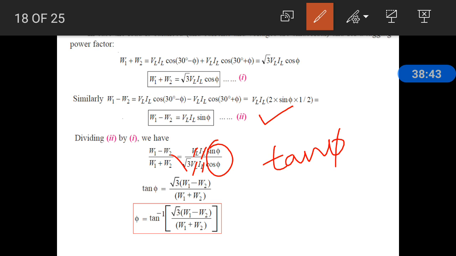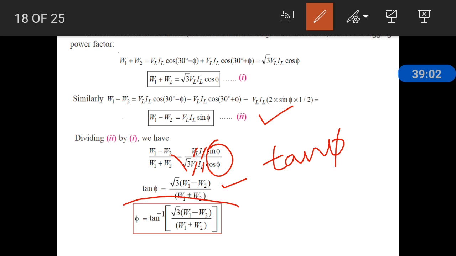So √3 into (W1 minus W2) divided by (W1 plus W2) equal to tan phi. So phi equal to tan inverse of √3 into (W1 minus W2) divided by (W1 plus W2).